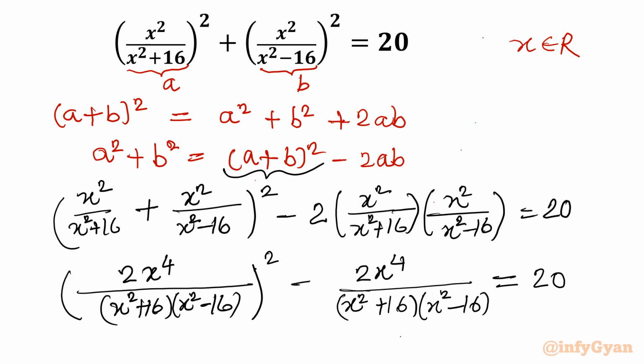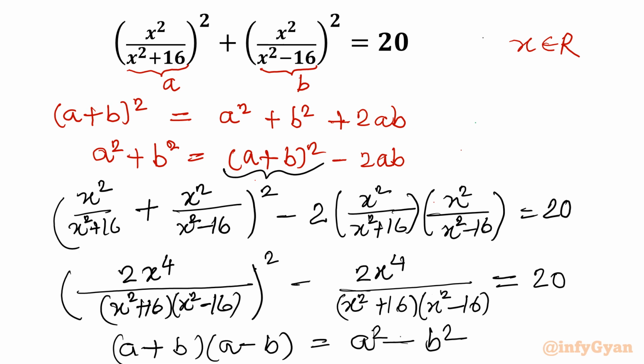Now we know the formula (a plus b)(a minus b) equal to a square minus b square. So let's apply over here. So what I will write after that: 2x power 4, and the denominator will be x power 4 minus 256, or let me write 16 square itself.